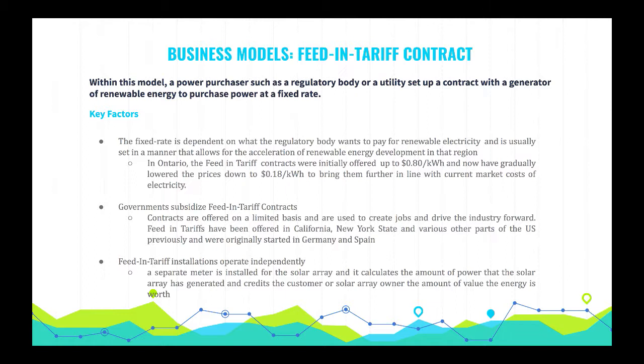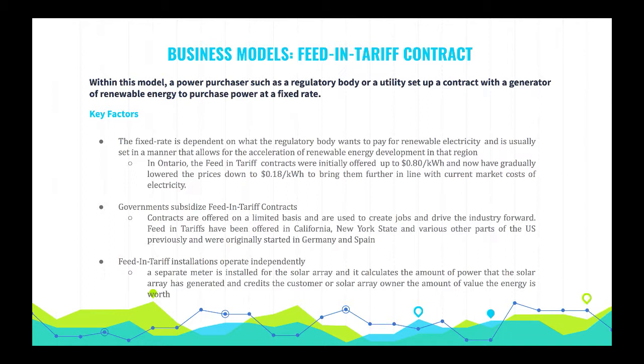So, if I were to go install solar within that region and connect it to the electric grid, the government would pay me continuously for as much energy as I generated at a specific rate. That fixed rate depends on what the regulatory body wants to pay for renewable energy, and is usually set in a manner that allows for the acceleration of renewable energy development in that region.